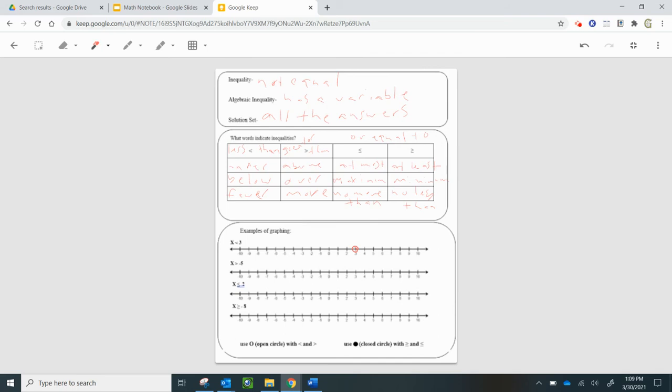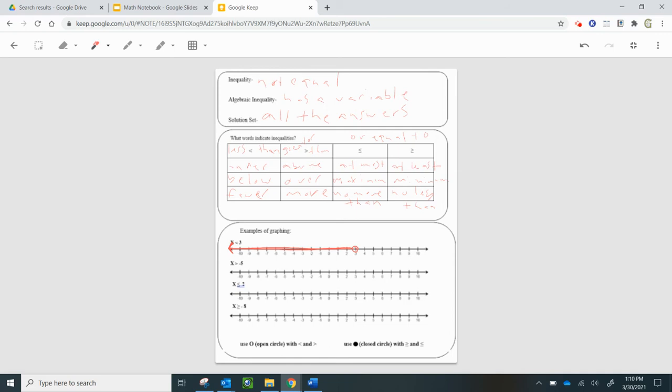Then I have to think about the numbers that are there. What's less than 3? Is 2 less than 3 or is 4 less than 3? It's 2, so that means it's all the numbers here. And so I'm going to darken this line to show it could be anything. So it could be any number that's less than 3, which means that it could be 2, right? That's an obvious one.